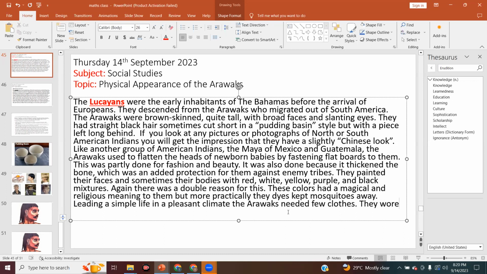What did they wear? Cotton loincloths. Sometimes they wore leaves. Or they went naked. So either they wear a cotton loincloth or they go naked. They often tattooed themselves.